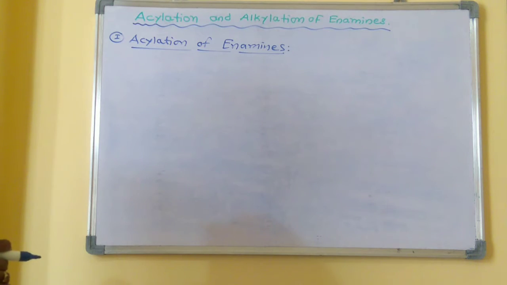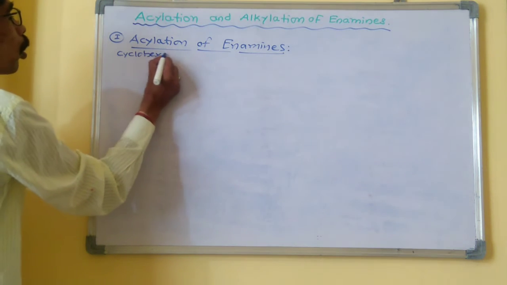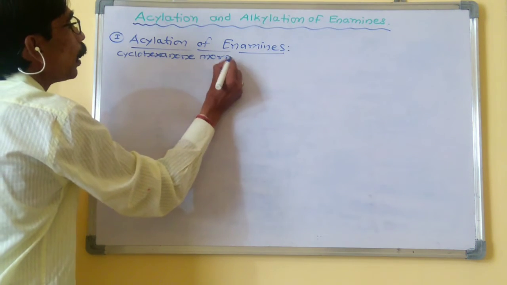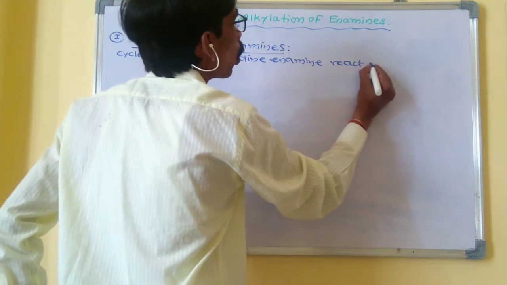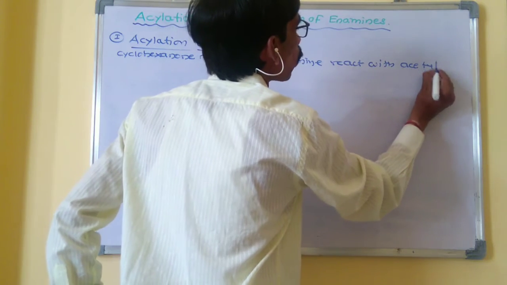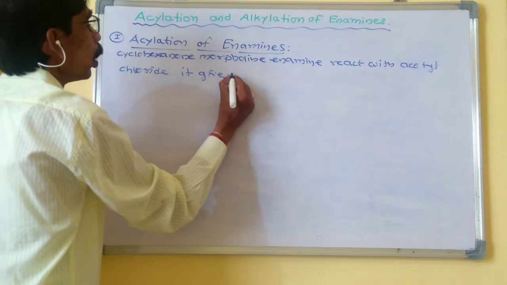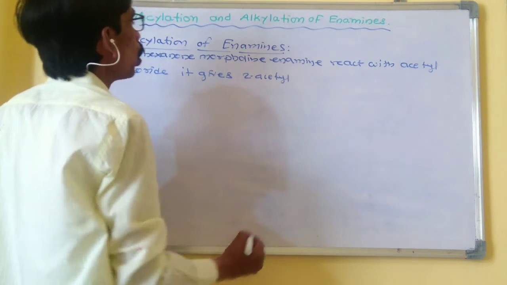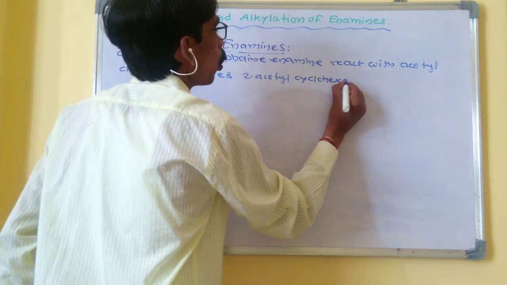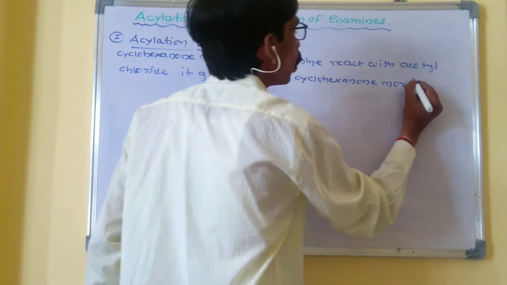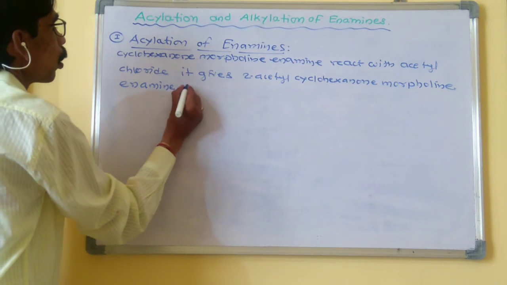The first reaction, acylation of enamines: cyclohexanone morpholine enamine reacts with acetyl chloride, it gives 2-acetyl cyclohexanone morpholine enamine chloride.